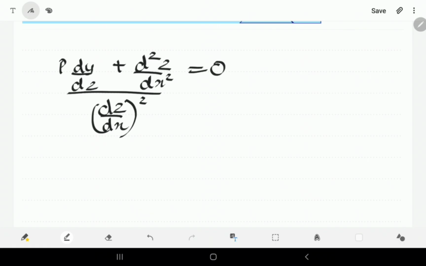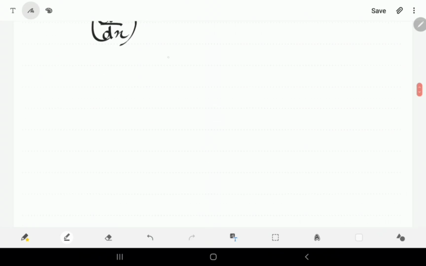Cross multiplying the denominator, we get d squared z by dx squared plus p dz by dx is equal to 0. Rearranging the terms, we get d squared z by dx squared divided by dz by dx is equivalent to the negative of p.